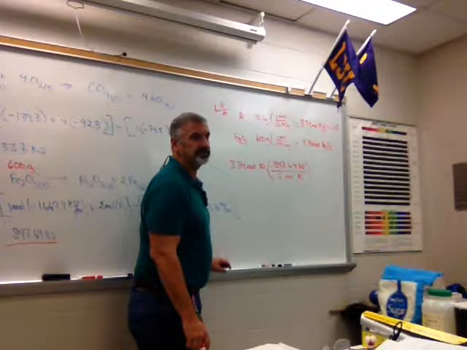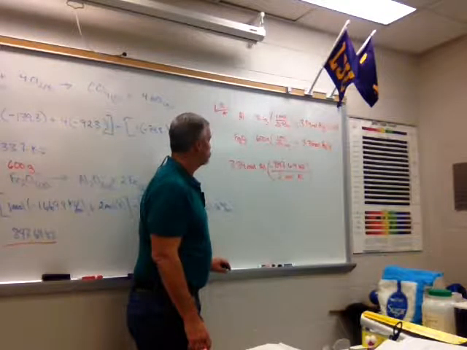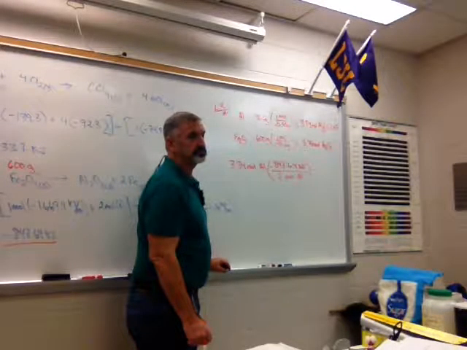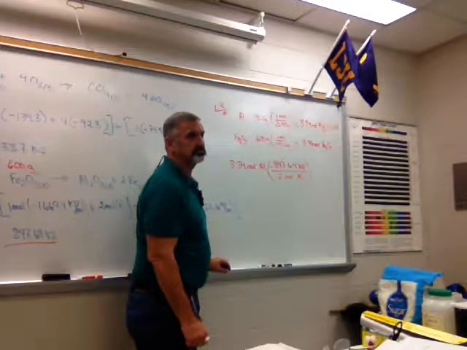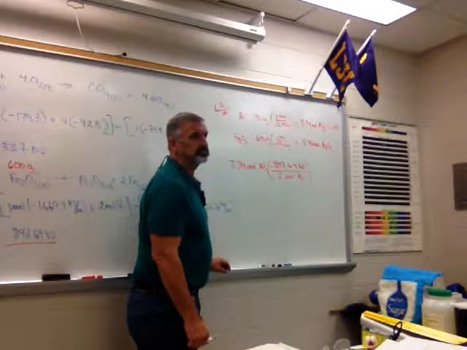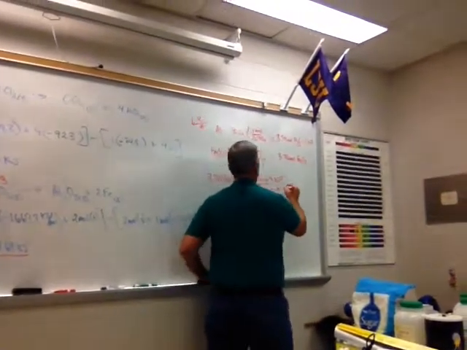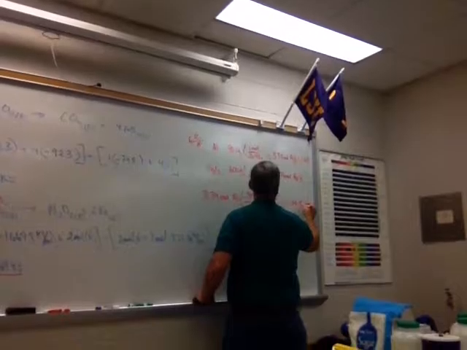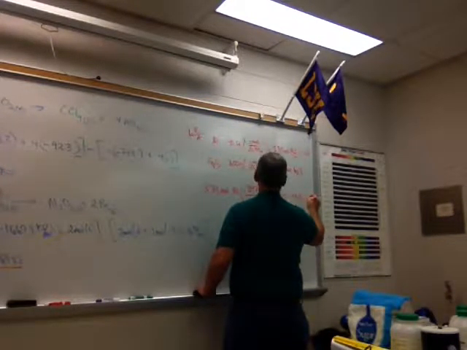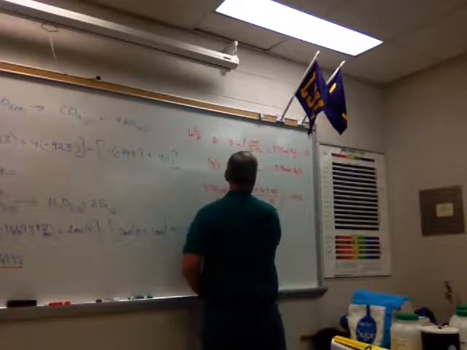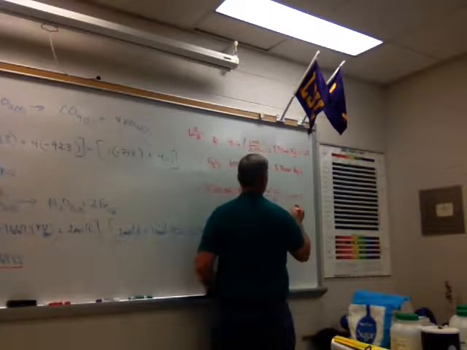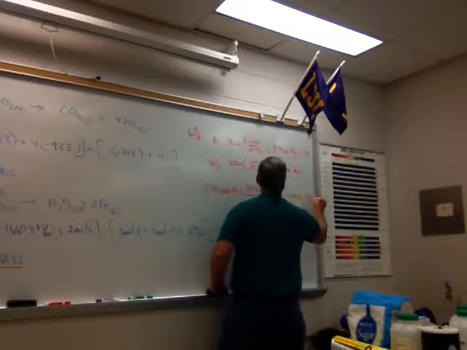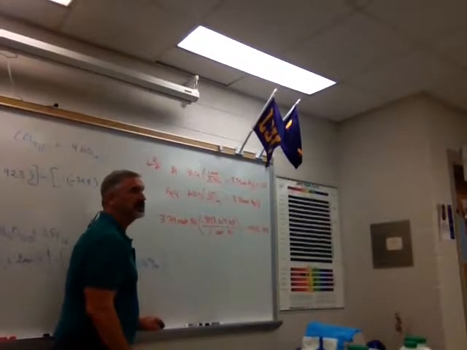It comes out to negative 1415. We'll say 3 sig figs really here. Negative 1415, and the moles cancel, so that's just kilojoules. So that's how much energy was released.